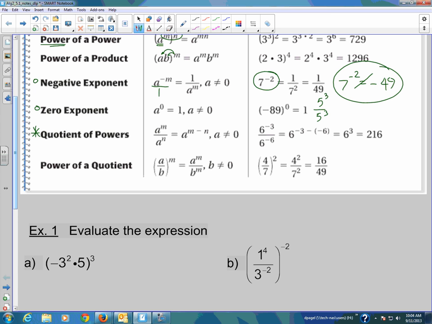Well, we know that 5 to the third over 5 to the third, anytime I divide the same thing, I get a 1. But we also can find out with our next power here, quotient of powers, that when I'm dividing like bases with exponents, I can rewrite that as 5 and then subtract the exponents. Well, that becomes 5 to the 0. So that means 5 to the 0 equals 1.